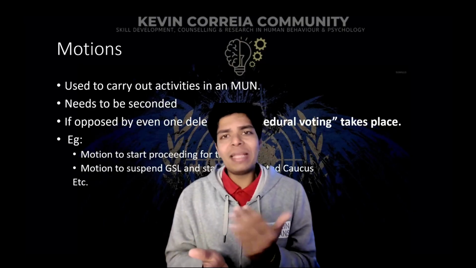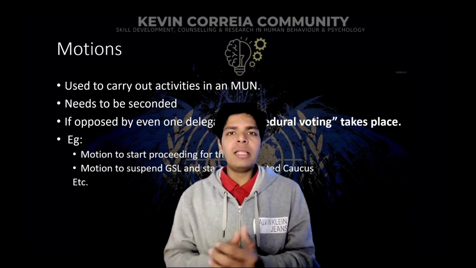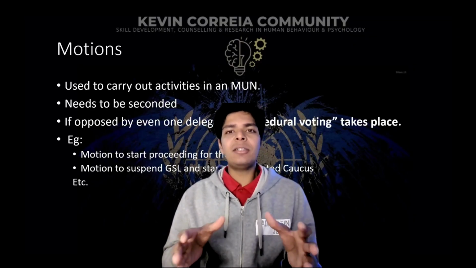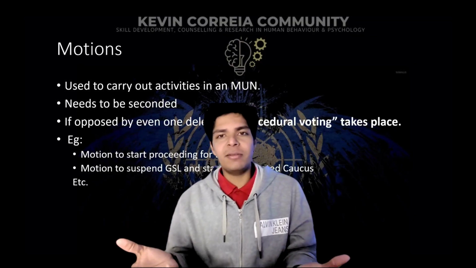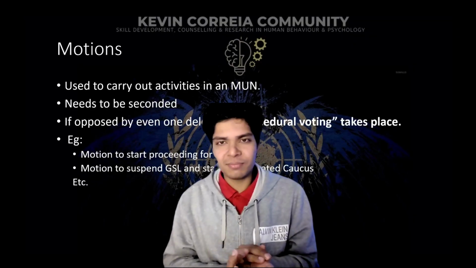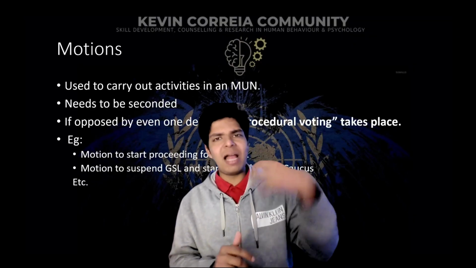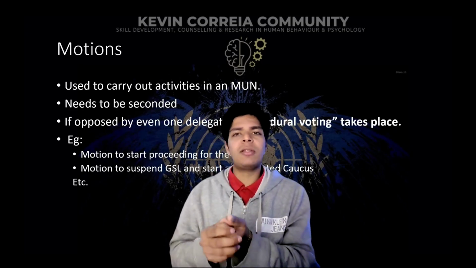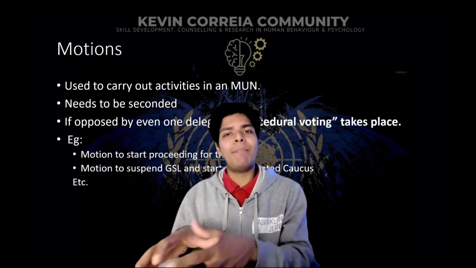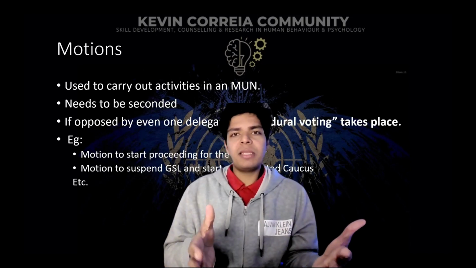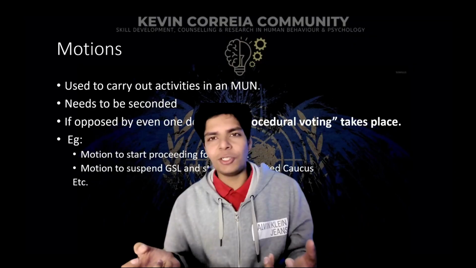Now, to make this process a little faster, every motion that is raised in a committee room has one enemy and one friend. The friend is called seconds. Okay. Seconds simply means support, that yes, even I would like this particular activity to happen right now. And obviously, the opposite to that, the enemy, is opposition.